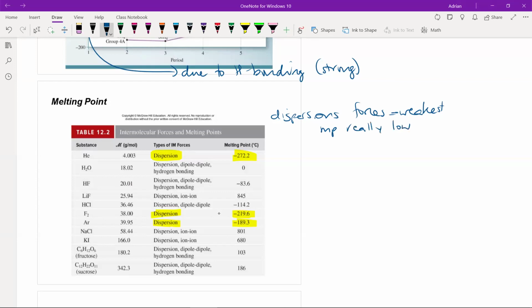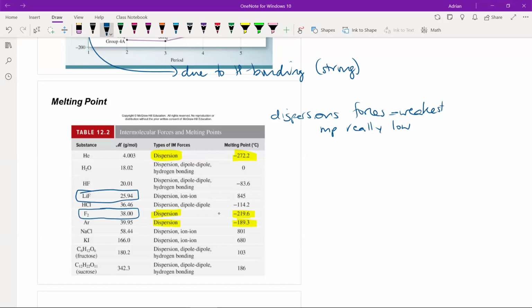If you compare that to other substances that have some of the stronger intermolecular forces of attraction, so let's make a fair comparison here. Let's compare 2 substances that have fairly similar molar masses. So let's compare the lithium fluoride, this one, with a 25.9 molar mass to something fairly close to it, let's say fluorine, 38, right?